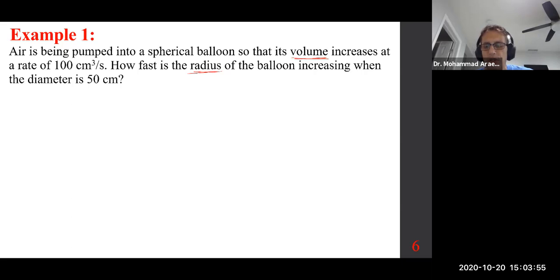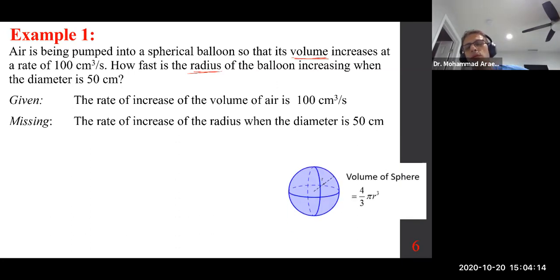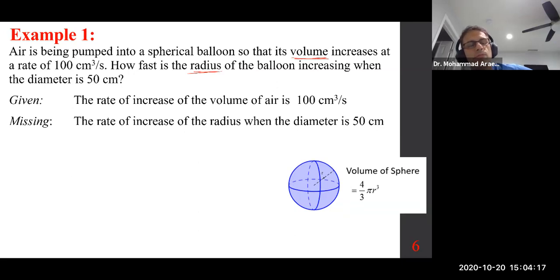I hope you remember the volume of a sphere. Anybody remembers the formula for the volume of a sphere, class? The rate of increase of the volume is given, and we want the rate of increase of the radius when the diameter is 50 centimeters. The volume of a sphere is 4/3 pi r cubed.